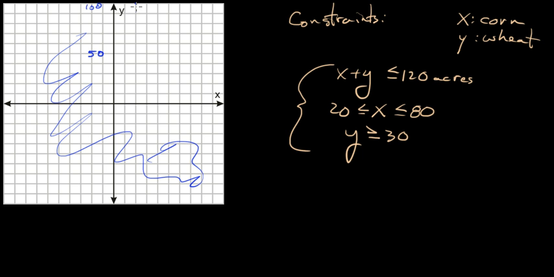Ooh, crooked line again. See if I can do this. I think this would be the line for this one, because I have x plus y less than or equal to 120. Subtract x, and you have y less than or equal to negative x plus 120.